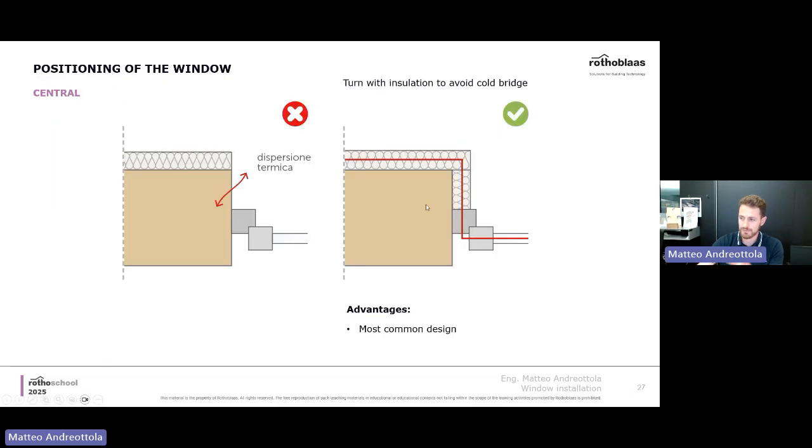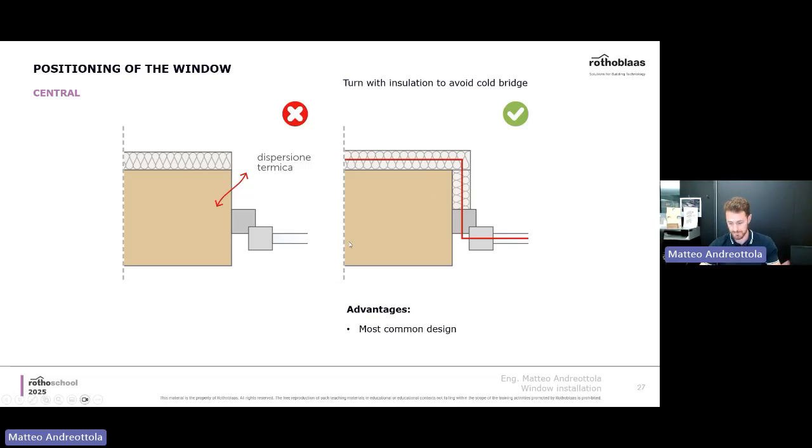So again, you can potentially place the window also closer to the bottom part, which is the internal part. In this case, though, you have to pay even more attention in bending down, you see, and placing insulation on top of the corner in here.